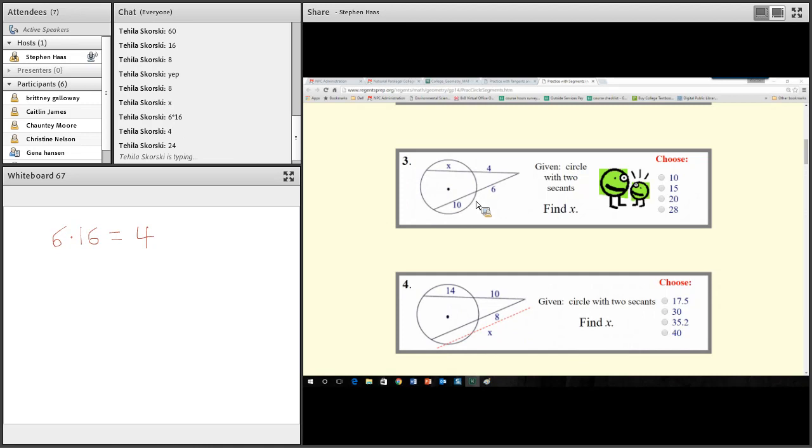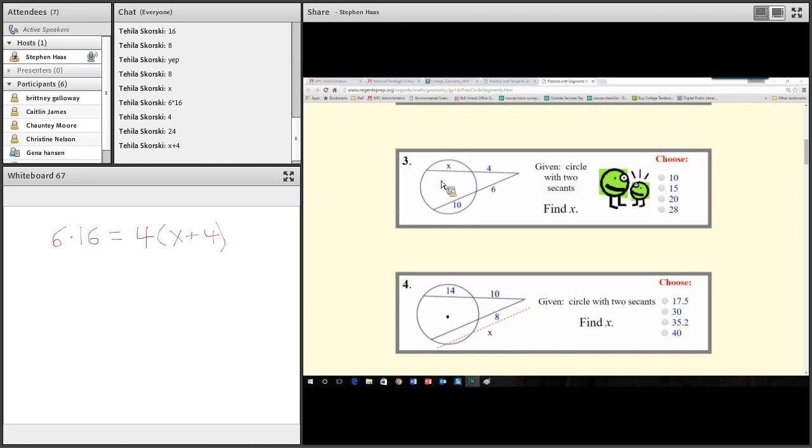It's not just x. X is just the part inside the circle. The entire secant is actually x plus 4, right? Do you see why that is? Because x is the part on the inside and 4 is the part on the outside. So it's really x plus 4. So algebraically, I'm going to do 4 times x plus 4.